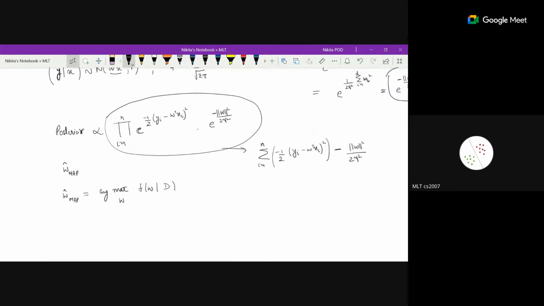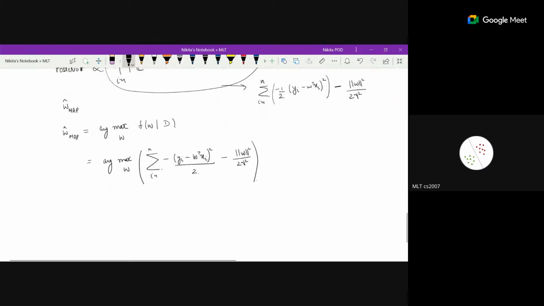So W hat MAP is basically argmax over W of summation minus (yi minus W transpose xi) square divided by 2, minus norm of W square upon 2 gamma square. Okay. So this is argmax of this term.